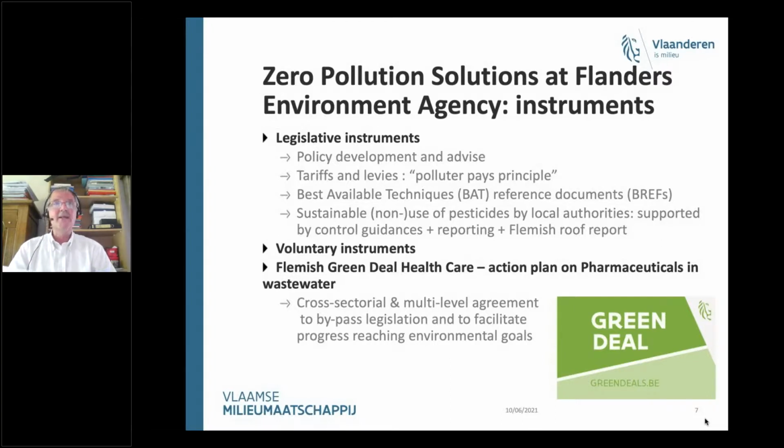That's some of the legislative instruments. We're also working with voluntary instruments. For example, I give here the example of the preparation of a Green Deal on healthcare. At this moment, when a pharmaceutical is brought into the market, there is a whole life cycle that must be gone through. You have the first phase, and then at the end, you have clinical trials. But this is mostly oriented towards human health.